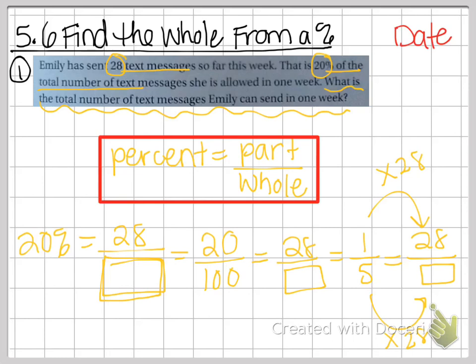You can do the work off to the side, or I can think about 5 times 20 is 100. 5 times 8 is 40. 100 plus 40 is 140. So that 140 tells me that that's the total amount that she is allowed to send in 1 week. And 28 of that is equivalent to 20%. So the answer is 140 text messages.